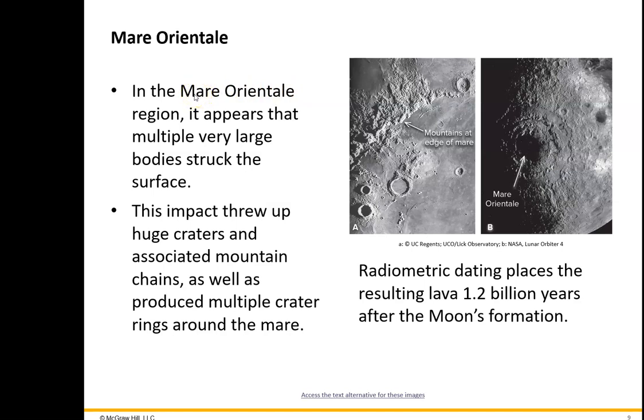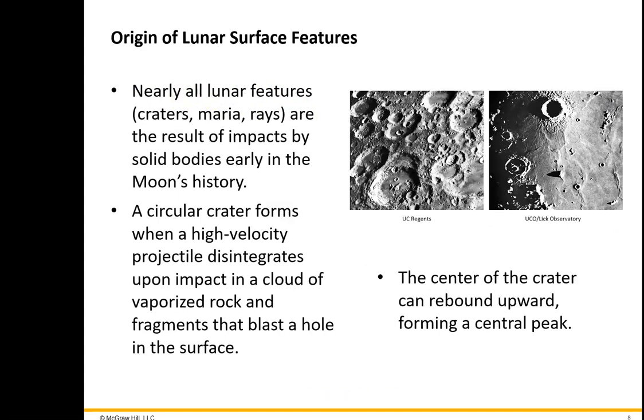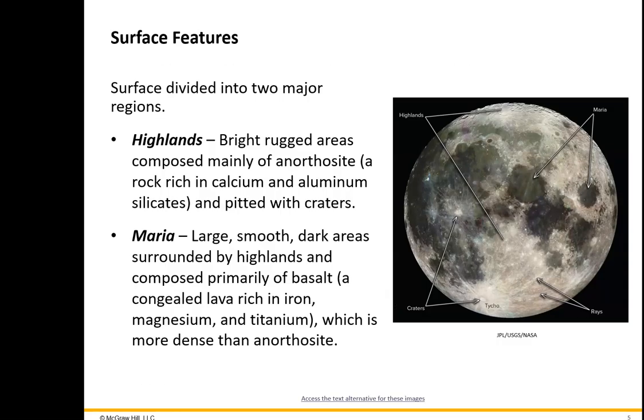How do you say it? It's Maris Tranquillus. I'm not saying that very well. So this one is Mare Orientale, sorry, Orientali. They have different names, right? Let's go back to this picture over here. Oh no, they didn't show you the names of them here.